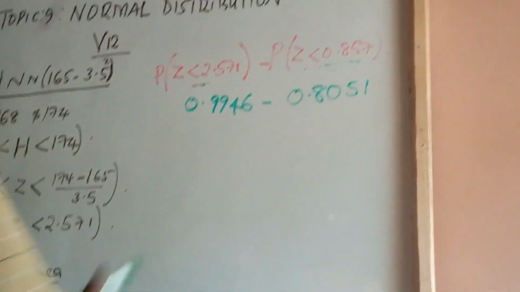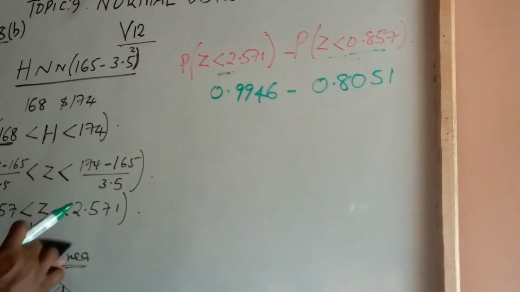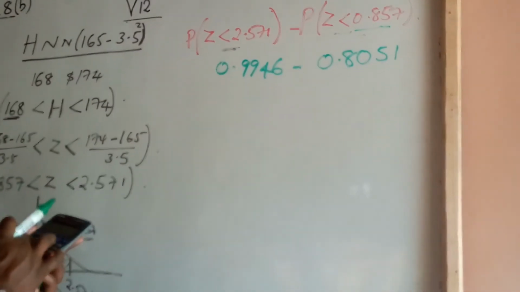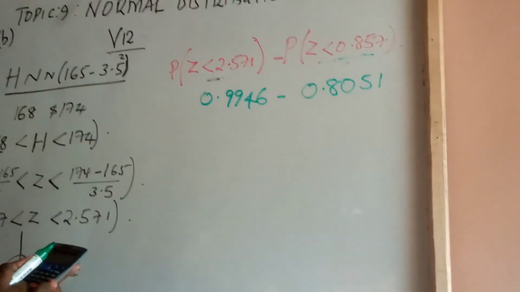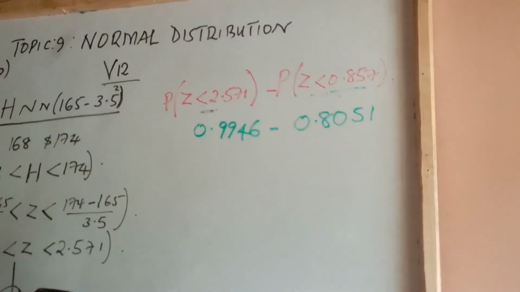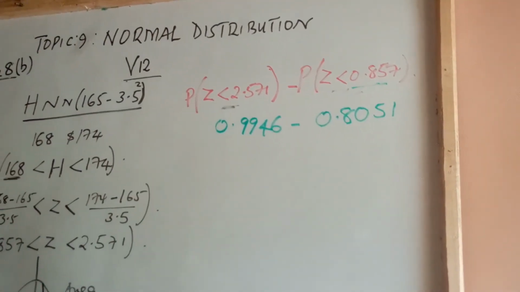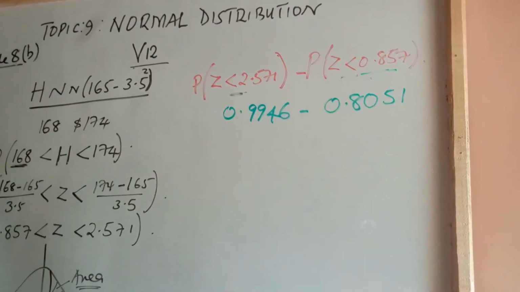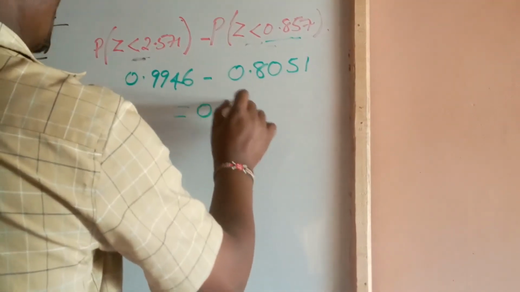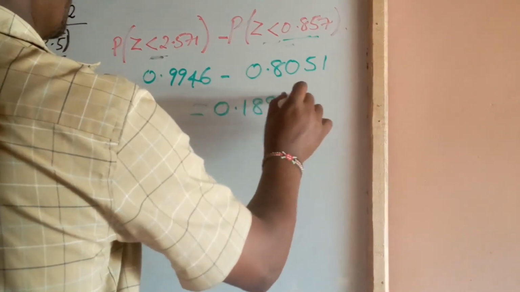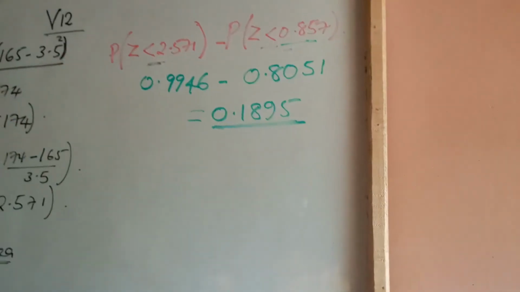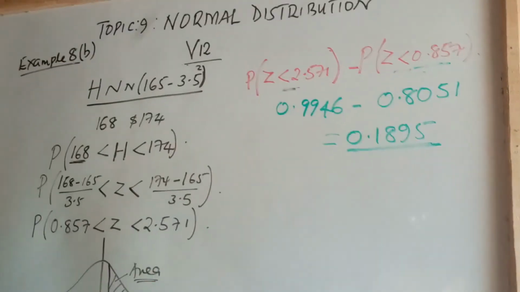Sure enough, 0.9946 minus 0.8051 is going to give us 0.1895. So the probability of finding a woman who is between 168 and 174 is 0.1895.